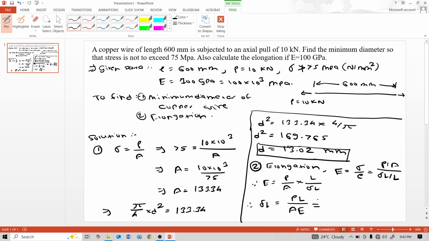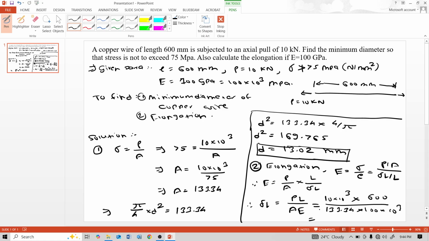Put values in this formula. Our load P is 10 into 10 raised to 3. L is the length of the copper wire, 600 mm, divided by A, the area, 133.34, multiplied by E, Young's modulus of elasticity, 100 into 10 raised to 3.